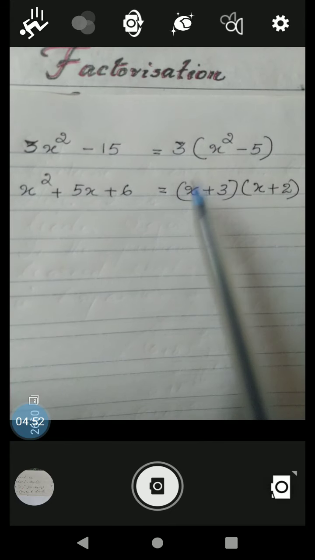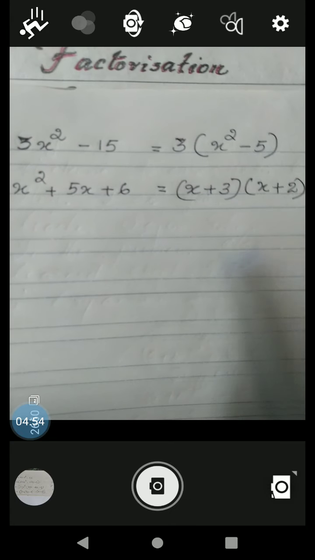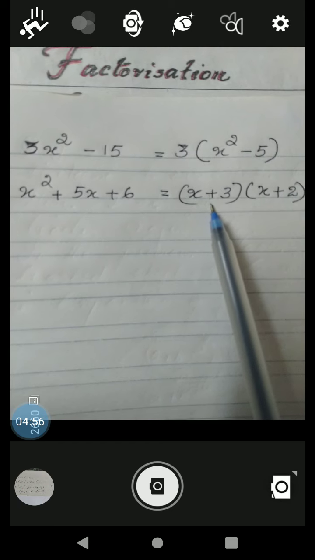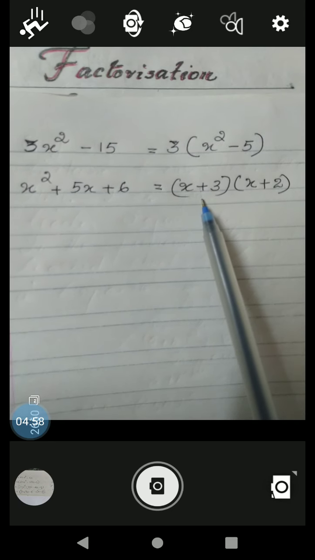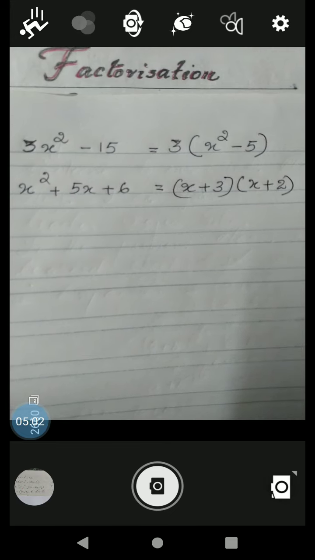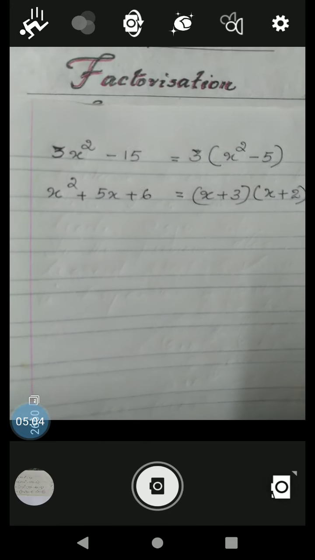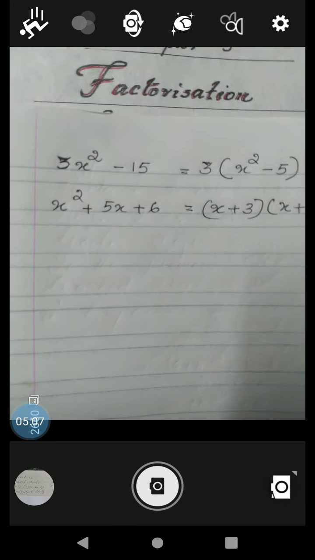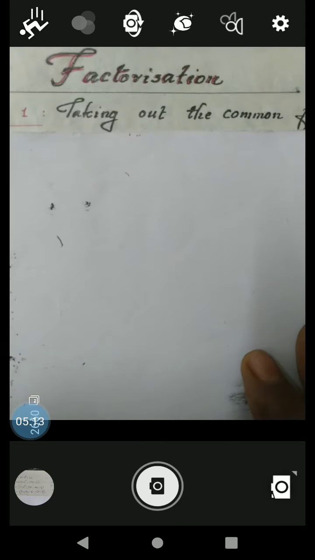Each term and each bracket is called a factor of the expression. And there are some methods of factorization. First we can study type 1, taking out the common factor. The first method is taking out the common factor.